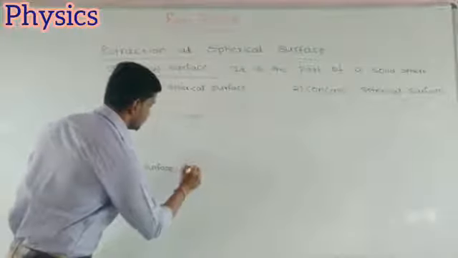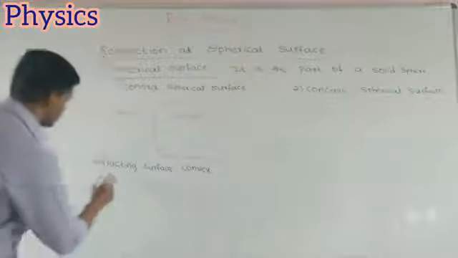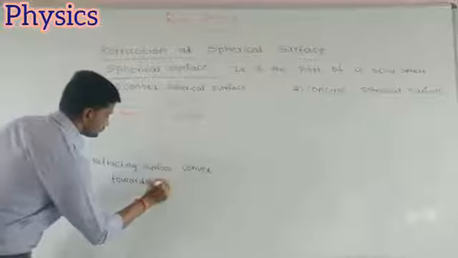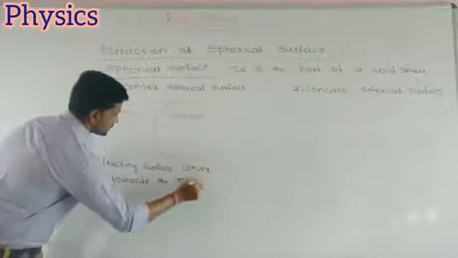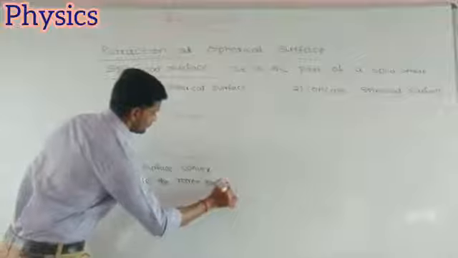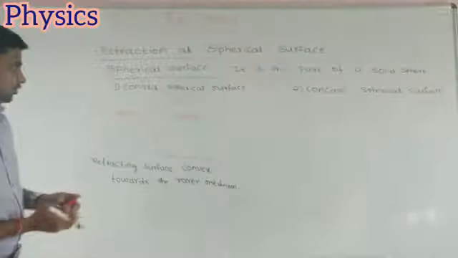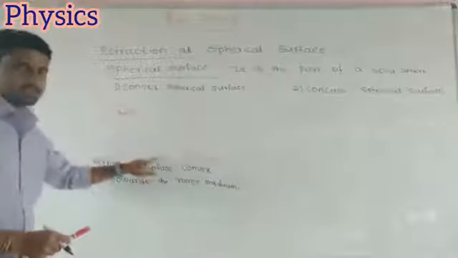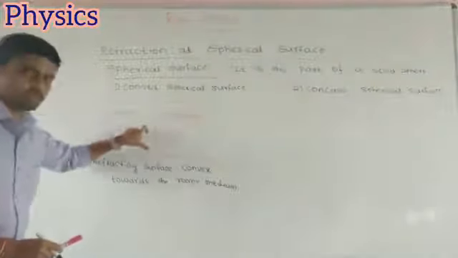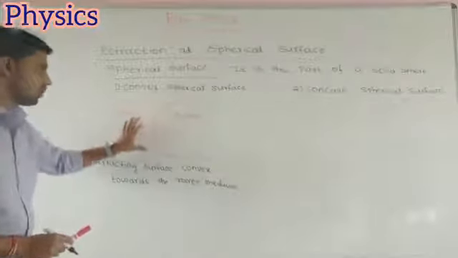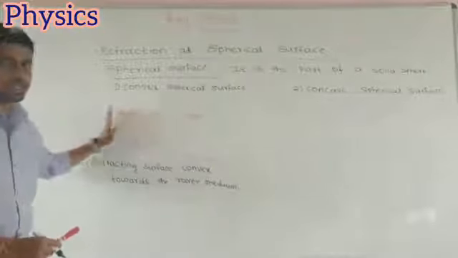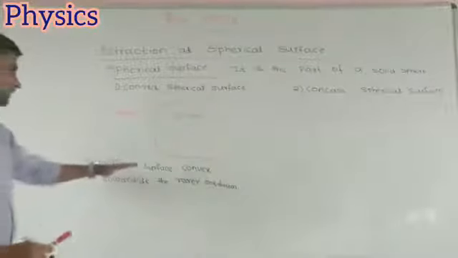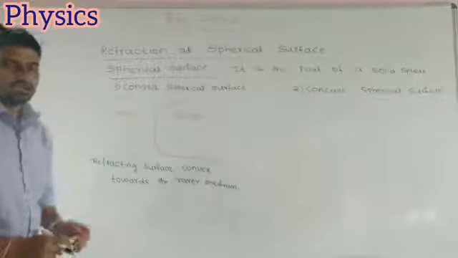If you observe, this is convex, so the convex surface is the refracting surface, and that convex surface is towards the rarer medium. That is called a convex spherical surface.